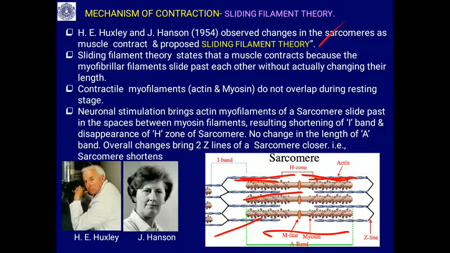So the two Z lines come closer, and the sarcomere contracts. This is the sliding filament theory proposed by Huxley, a biophysicist, and Jean Hanson, a zoologist.